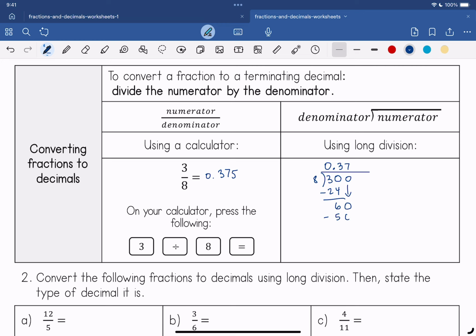So it's minus 56. You have a remainder of 4. You add another 0. 8 goes into 40 exactly 5 times. So the remainder is 0, which is also another clue that this is a terminating decimal.